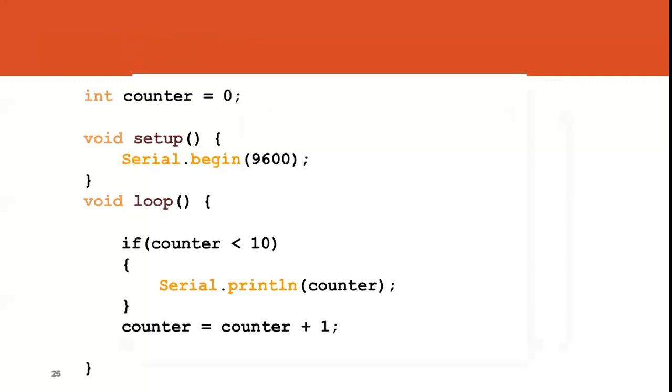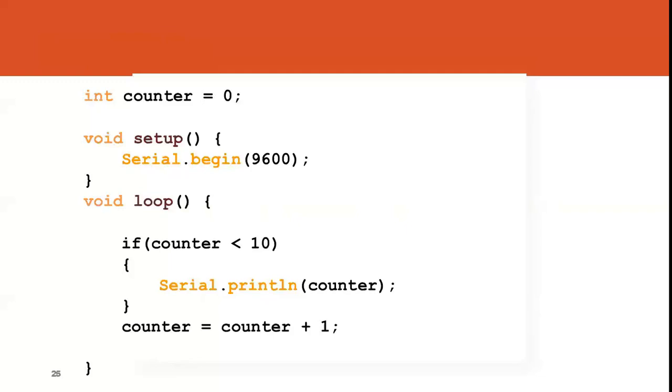Consider this particular code. A global counter is initialized with 0. Then in the setup, Serial.begin(9600) will begin the serial communication.